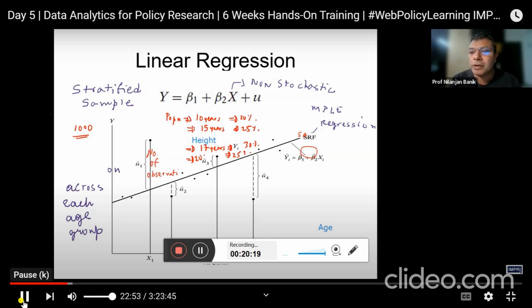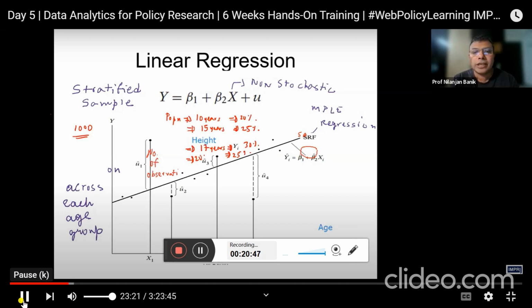So your estimate should be as close as possible to the estimate you see in the population, because it's not possible for me to get the population data, and therefore you do the sampling. And in the population, if the number of people in the age group of 10 years is 20%, 15 years is 25%, 17 years is 35%, and 20 years is 25%.